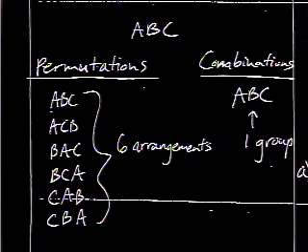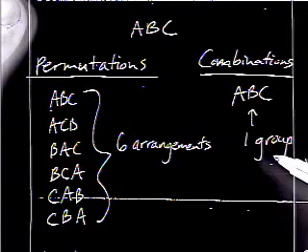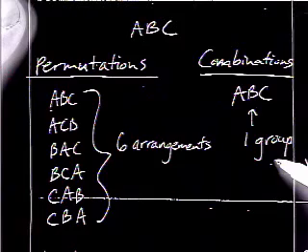Unless, of course, you're talking about a group of 1 object. Then there would be 1 combination and 1 permutation. So that's the difference with permutations and combinations. You can rearrange them here and call it new, whereas the combination says, nope, that's not something new.